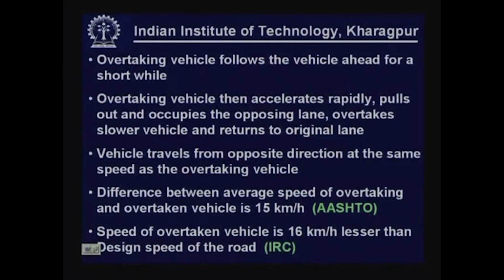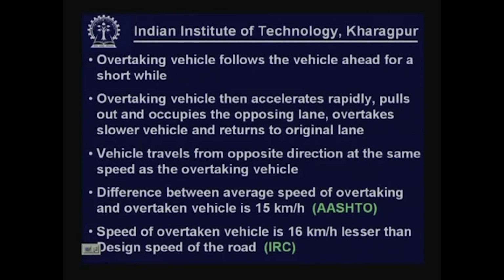Third, the overtaking vehicle follows the vehicle ahead for a short while, then accelerates rapidly, pulls out, occupies the opposing lane, overtakes the slower vehicle and returns to the original lane. That is the way overtaking normally takes place.